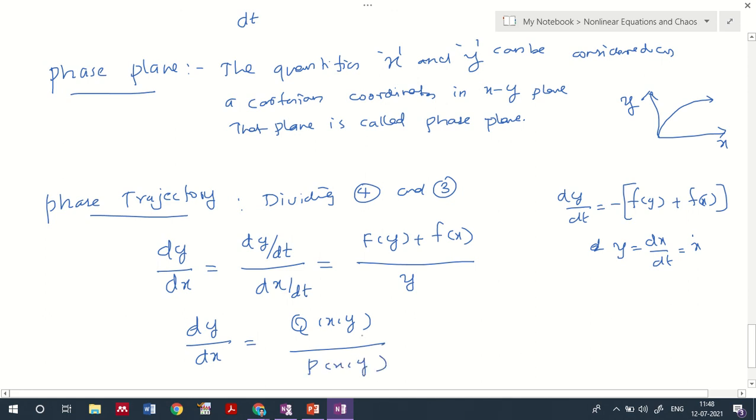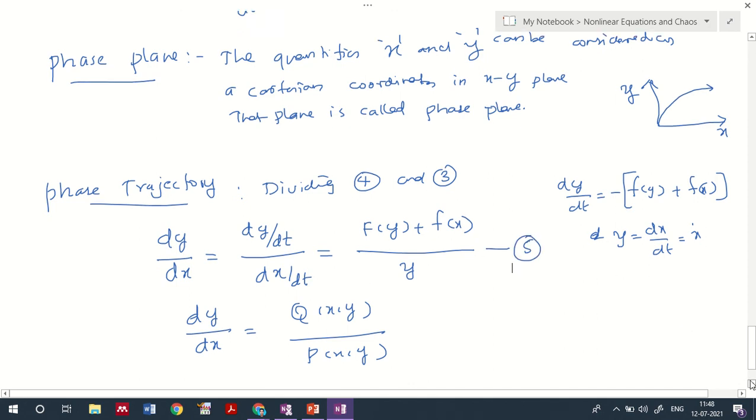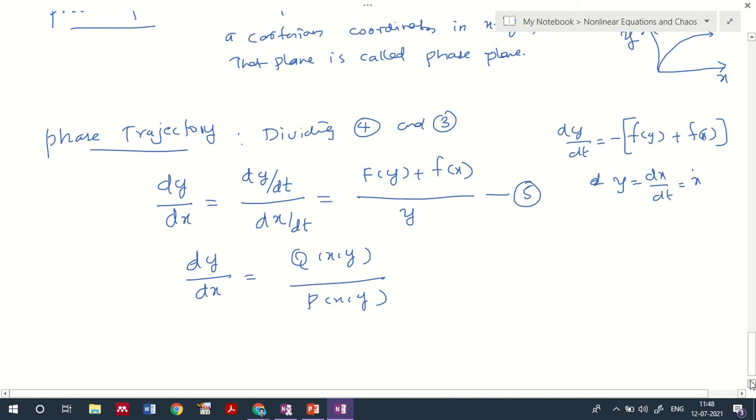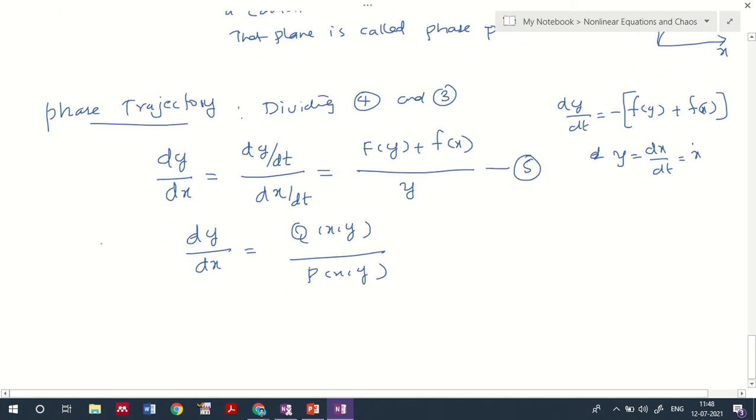Okay, and if I give this equation as equation number 5, what does equation 5 describe? Equation 5 corresponds to a definite trajectory or a definite curve.